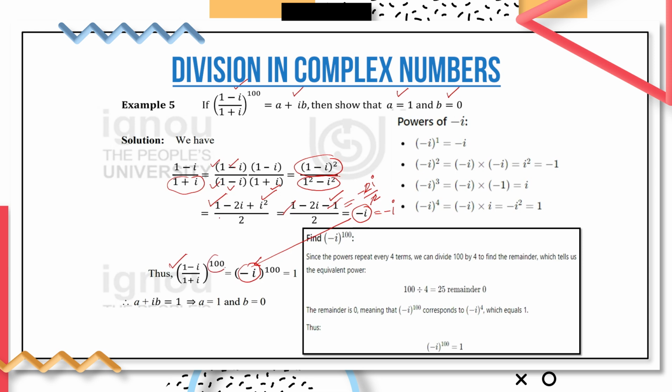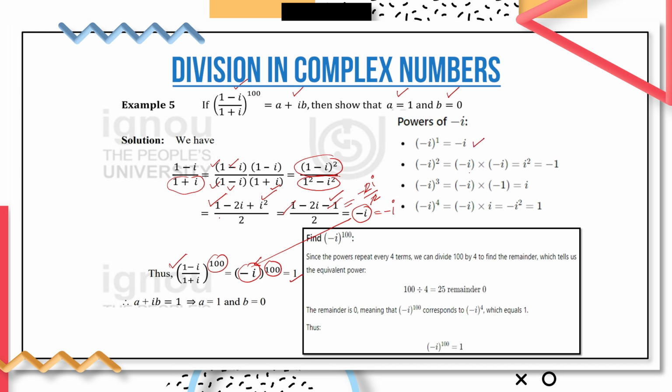That means we need minus i to the power 100, and minus i to the power 100 turns out to be 1. How does it turn out to be 1? In the beginning we had discussed that i square is minus 1, so over here we are just briefing how the powers of iota vary. Minus i to the power 1 is in fact minus i.